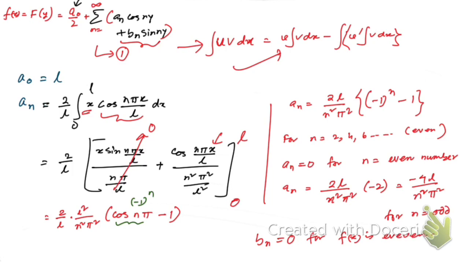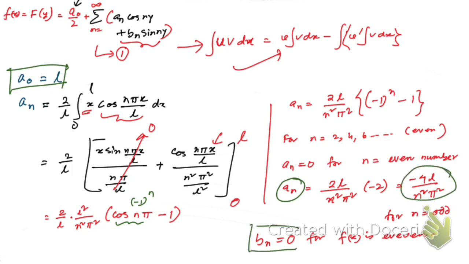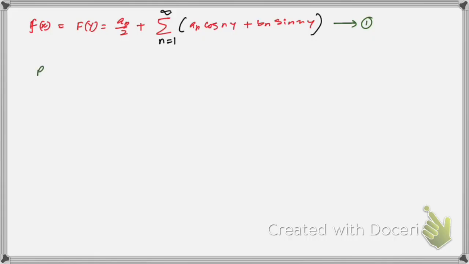So we have got the value of a0, the value of an, and the value of bn. Let's put these values of a0, an, and bn in equation number 1.